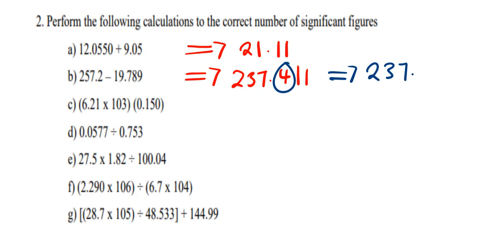Since the number that follows is 5 or greater than 5, I'm supposed to round off by adding to the number we're converting to. But the opposite is also true. If the number is less, you're not supposed to add. In this case, I'm just going to have a 4. So 237.4 will be our final answer.